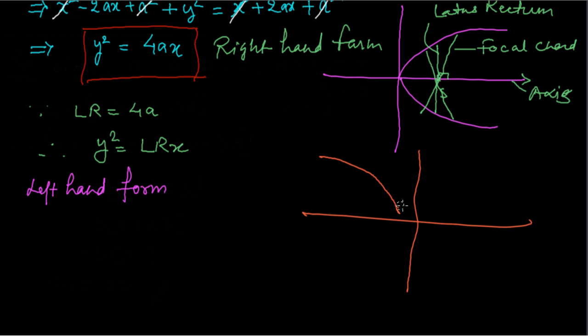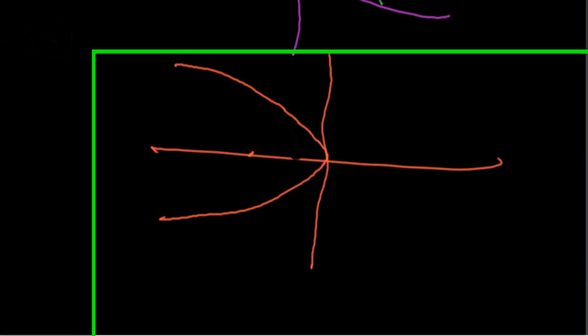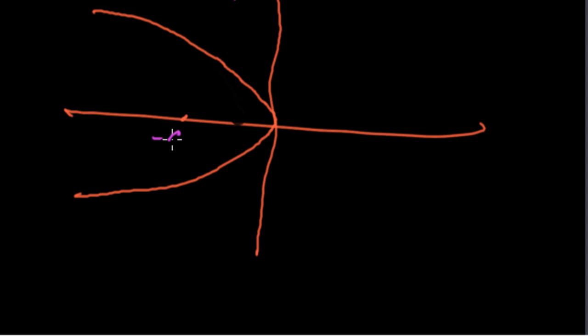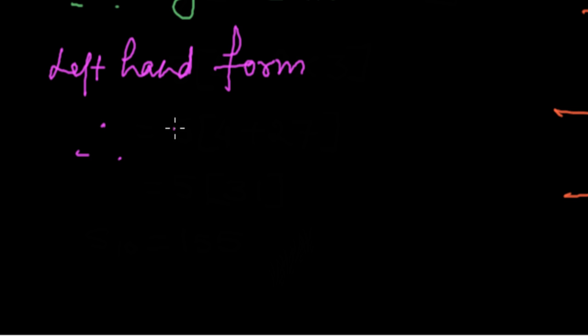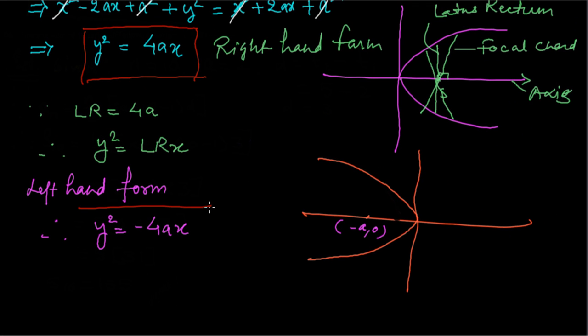The coordinates of focus would be minus a, 0. The form would be y square is equal to minus 4ax. This is the left hand standard form of parabola.